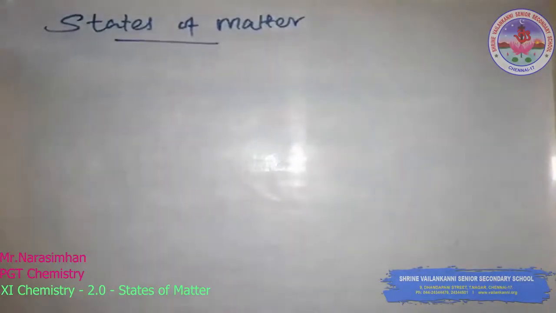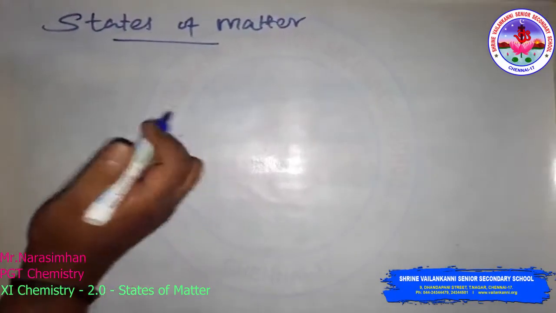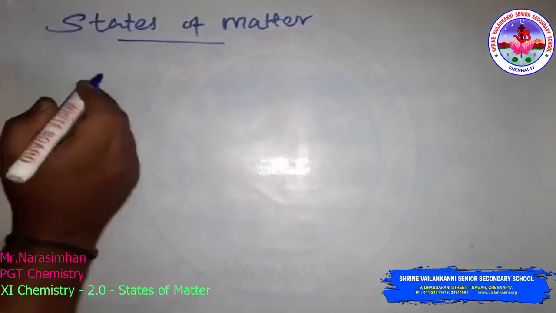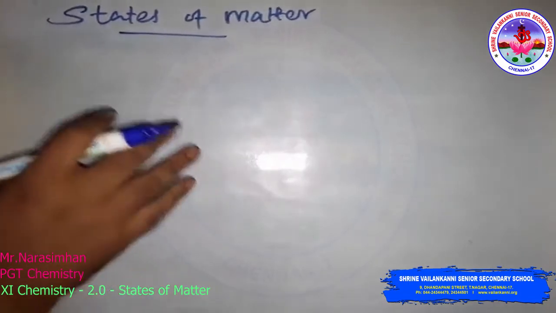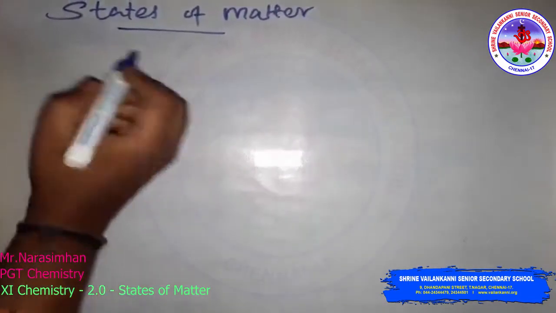The next new lesson is states of matter. You have already learned in lower classes what the states of matter are. Usually, the state of a chemical substance decides whether the substance is solid, liquid, or gas.